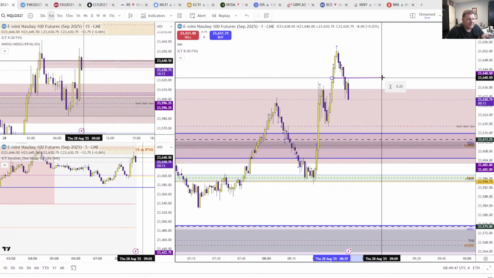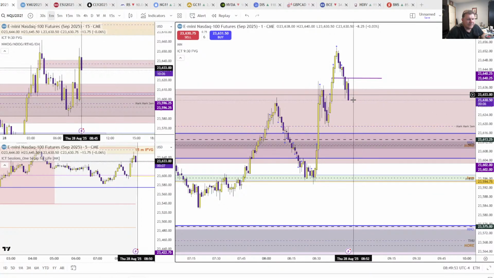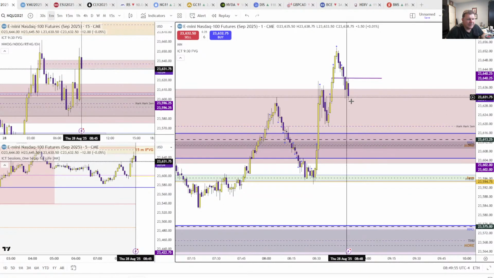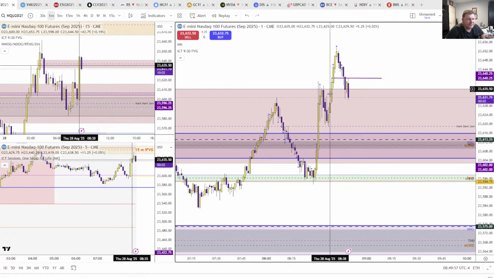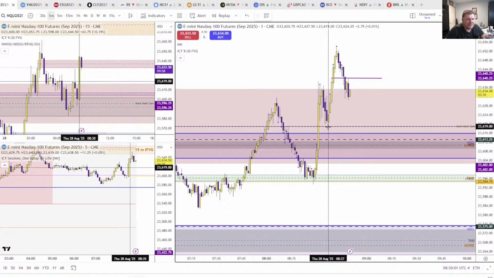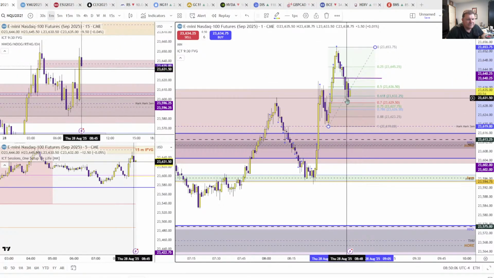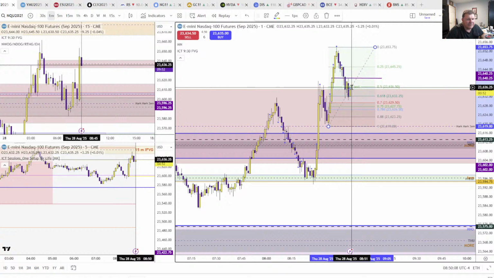That's the little tap you just got. Looking for lower, stop loss will be here. If you're looking for your internal range liquidity hunt, take profit model 1, pay yourself, move to break even.